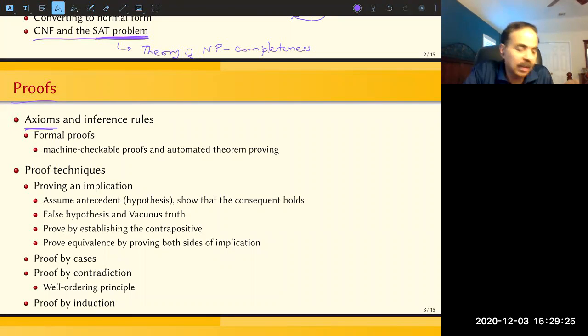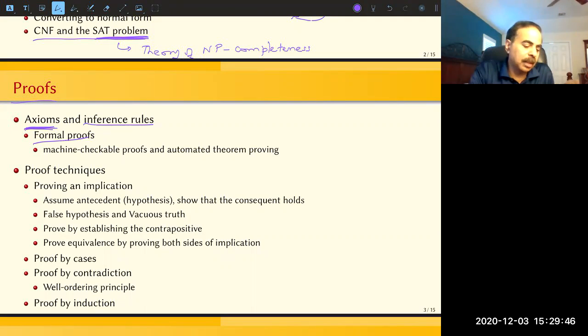So these are often obvious to us, but we have no way of proving them in any way. So then we just call them axioms, and then we also define inference rules, and from the inference rules and axioms, we come up with proofs.